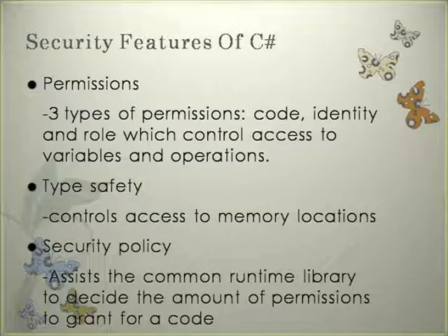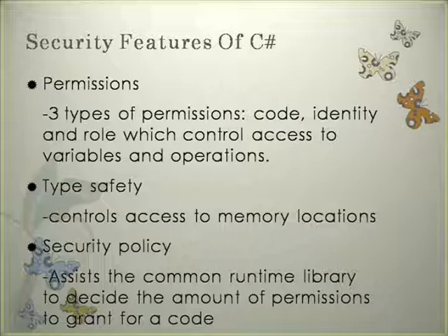C# allows us to define permission to control access to variables and operations. Another feature is type safety, which controls access to memory locations. For example, a private field of an object cannot be accessed by another object.